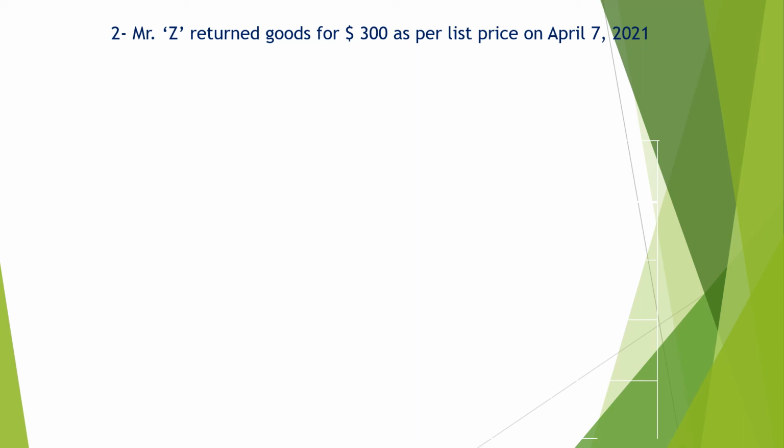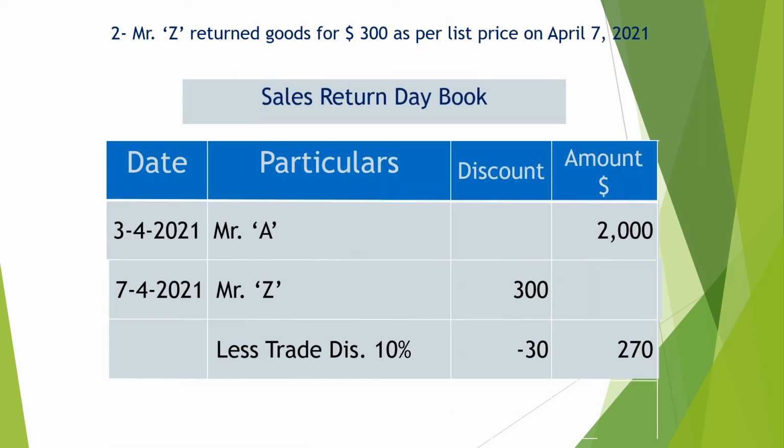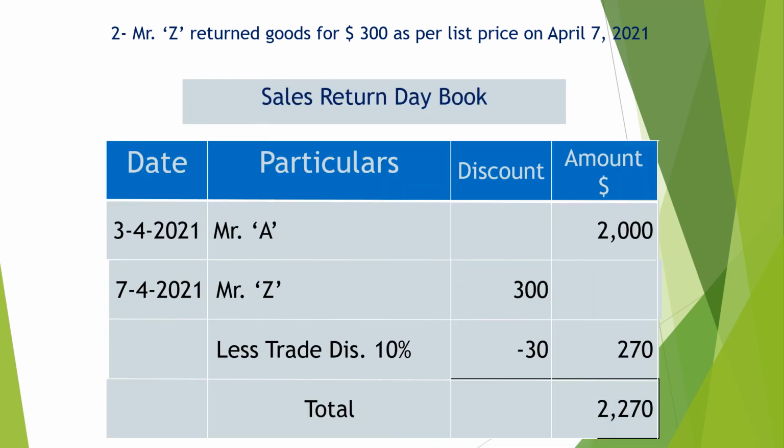Let's see now how this entry will be recorded. You can see here the transaction 1 entry, which we made on 3rd of April. Now for entry number 2, the debtor Z returned goods of $300, including discount, so the net amount of goods will be 270, as 10% was the trade discount.